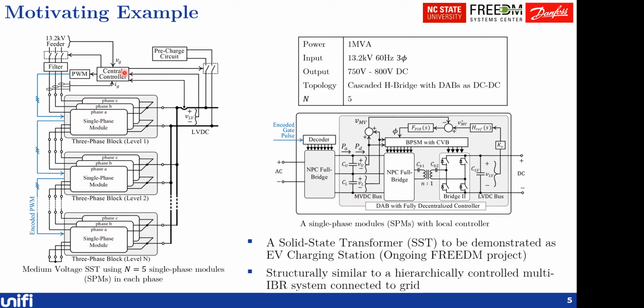So now you can think of this as structurally very close to a group of hierarchically controlled IBR systems which are tied to the grid, where you have a centralized controller dictating or dispatching some set points, and you also have some local controllers as well.